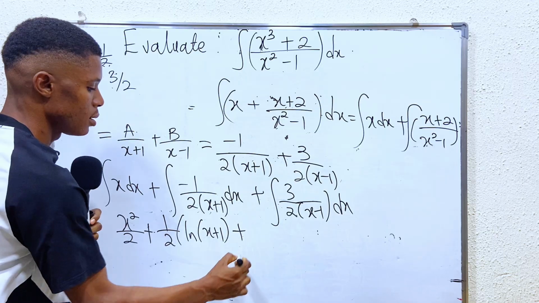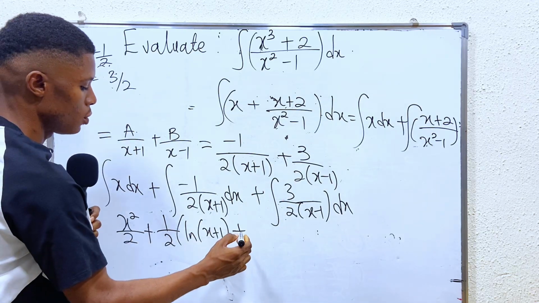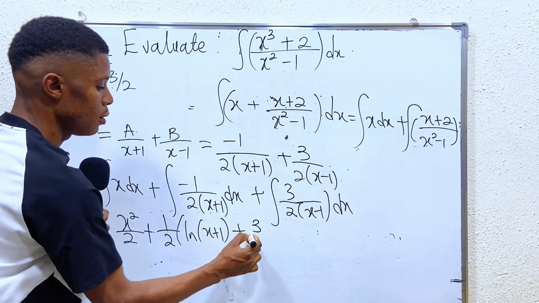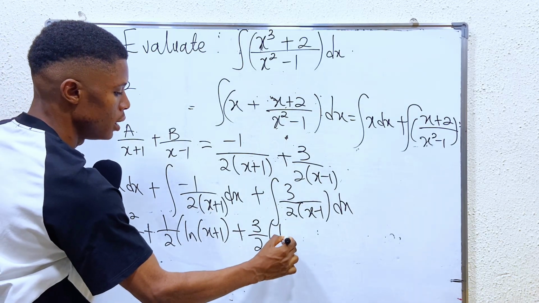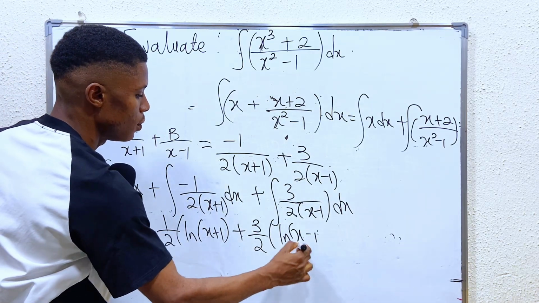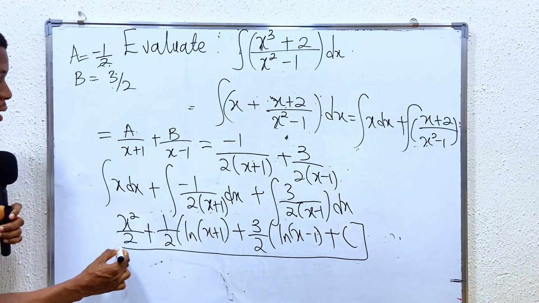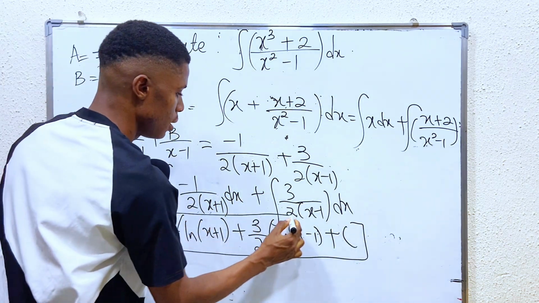Then plus, the 3 over 2 will come out, and you have 3 over 2 ln of x minus 1. Then plus the constant of integration. And this is the actual answer.